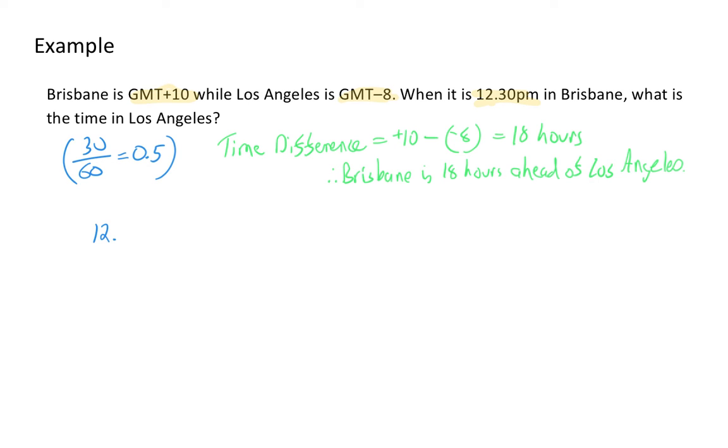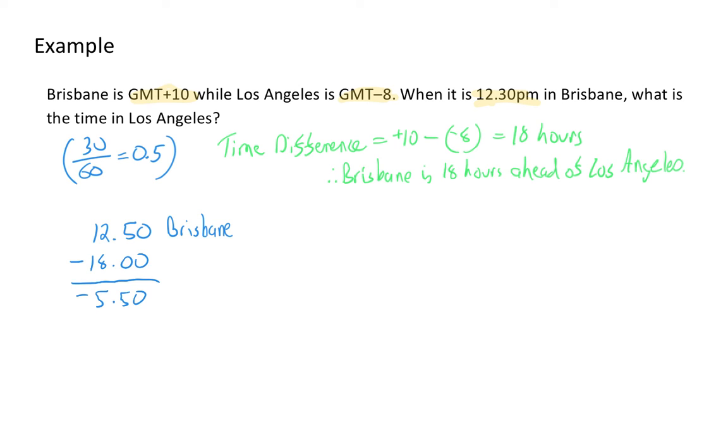So 30 minutes is 0.5 of an hour. So the time I'm going to use when I do my calculation is going to be 12.5. And that's my time in Brisbane that I'm starting with. So 12.5 in Brisbane, and I want to subtract 18 hours from it. And that's going to give me an answer of -5.5 hours.